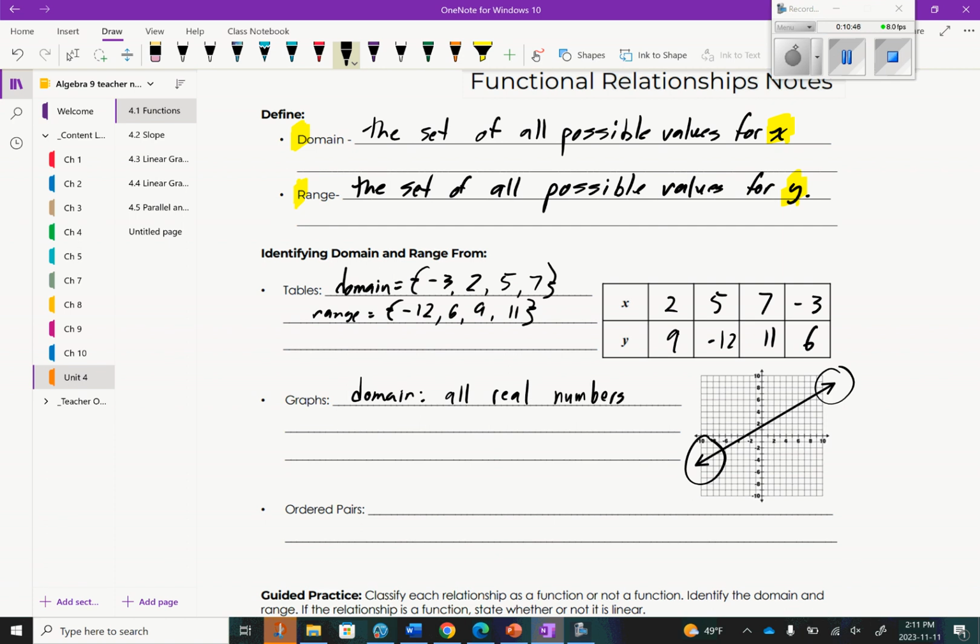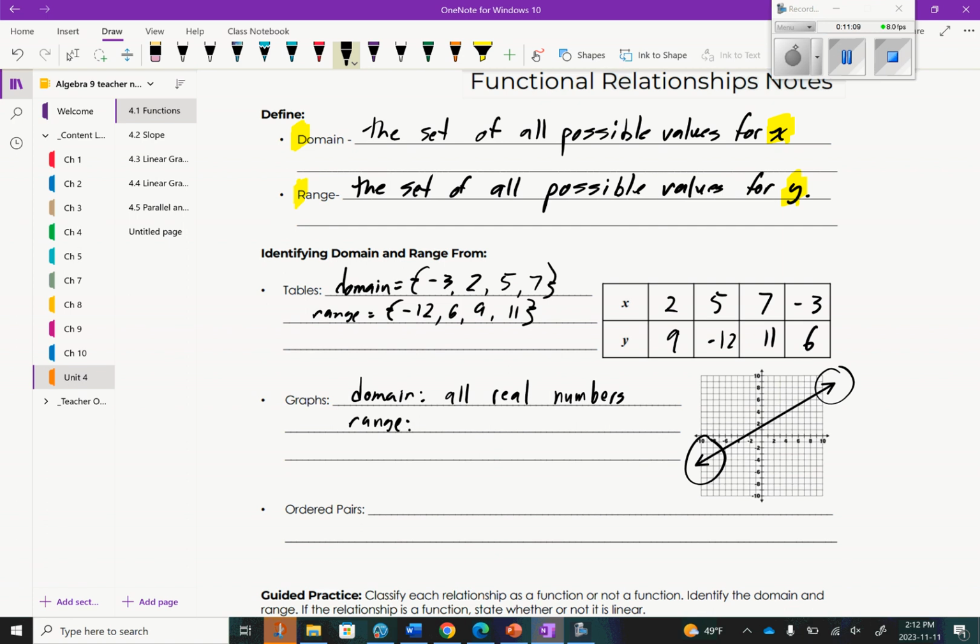How far does the graph go to the left and the right is something you'd look for as far as the domain is concerned. Again, it's all the possible x values. Well, in this case, because it has the arrows going off to the left and to the right, the domain is all real numbers.